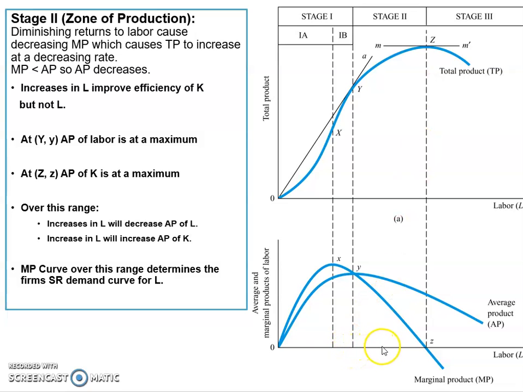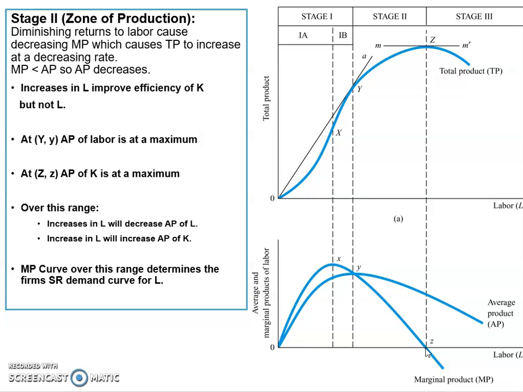As we progress through stage 2, we're seeing decreasing efficiency of labor, but increasing efficiency of capital. There's trade-offs. We don't know exactly where a specific firm will produce in here and hire, but we do know it's somewhere. And the firm will consider both the pros and cons over this phase.